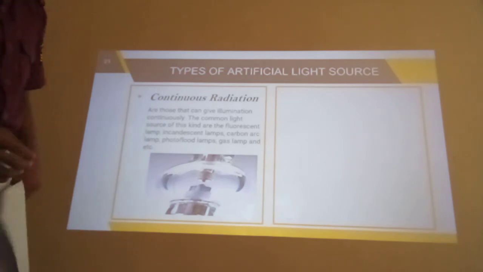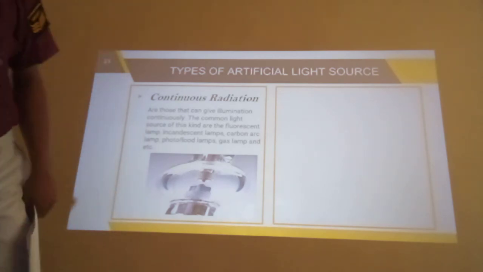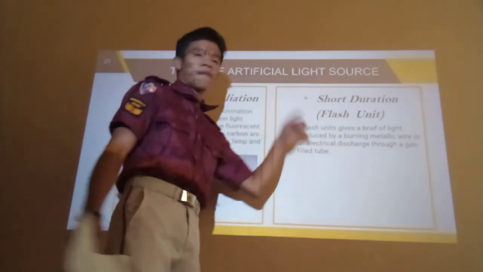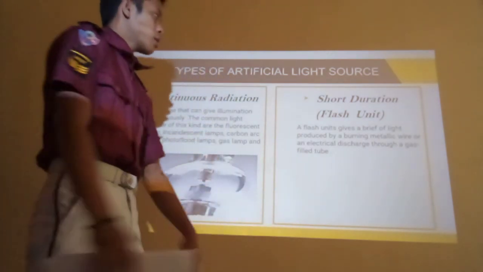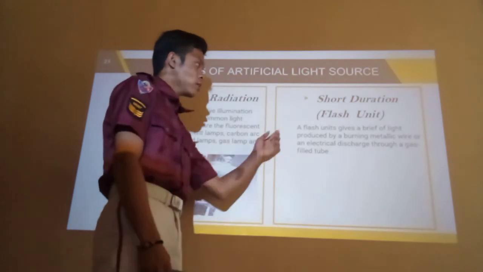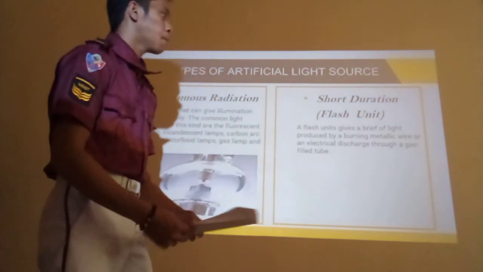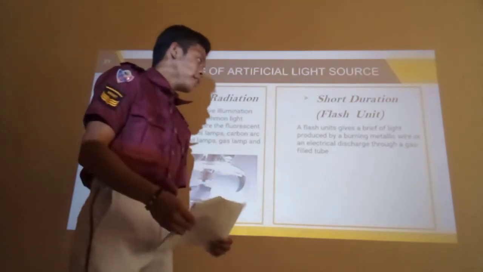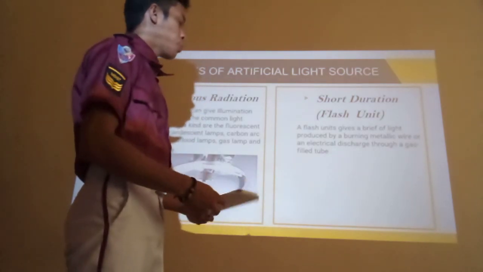So let's go to the other type of artificial light source, the short duration, or as we call it, a flash unit. So what is a flash unit? A flash unit gives a brief burst of light produced by a burning metallic wire or an electrical discharge through a gas-filled tube.